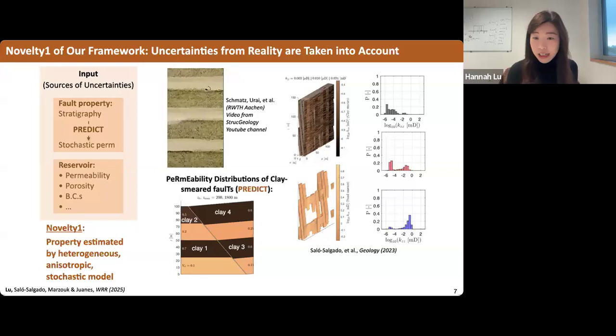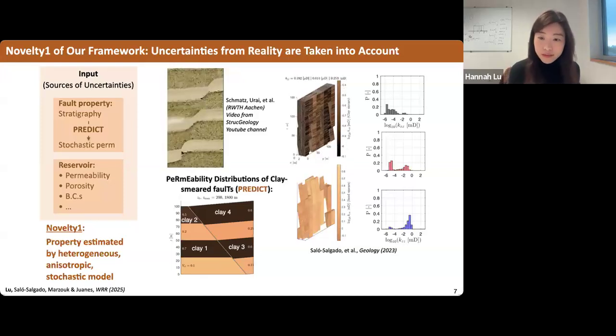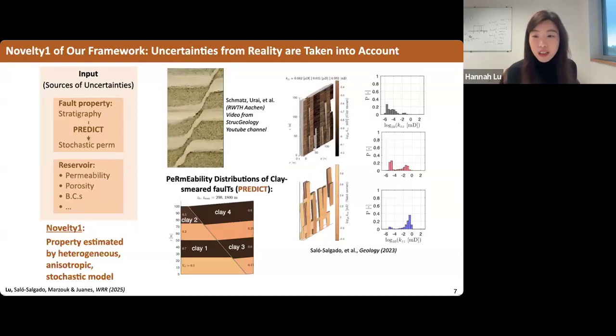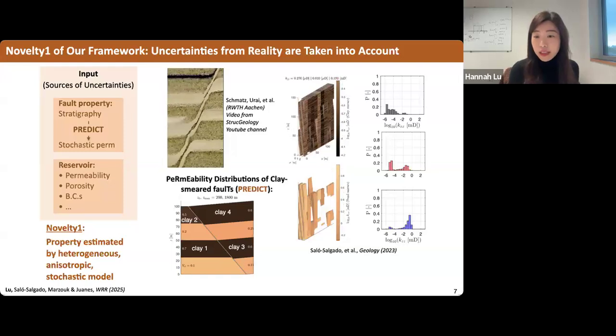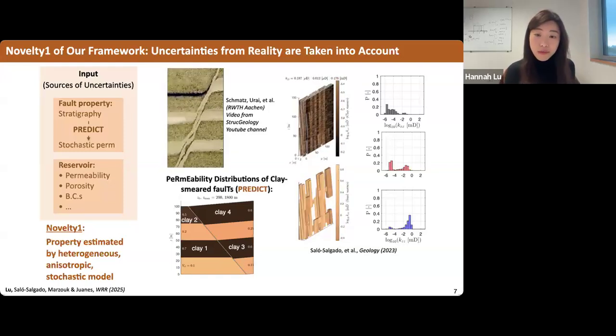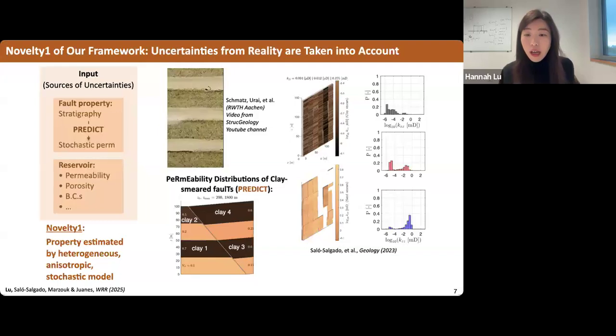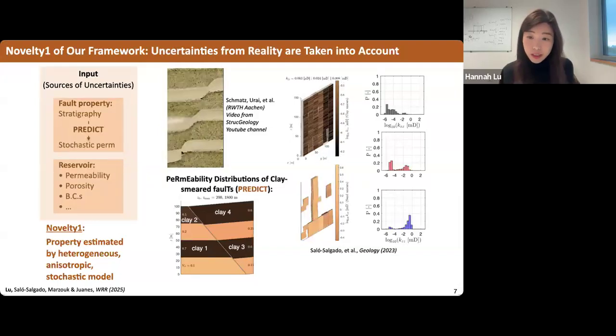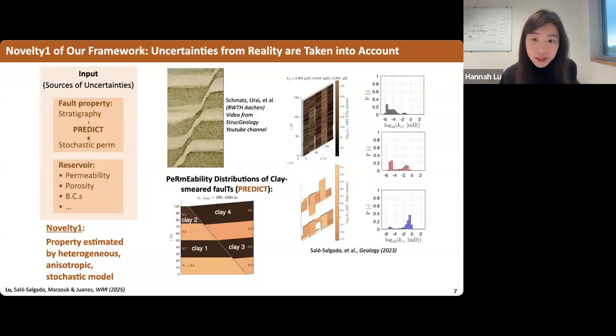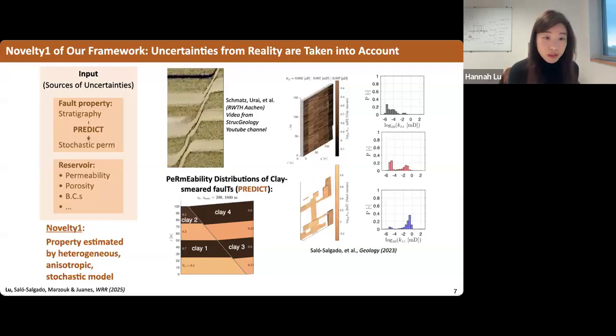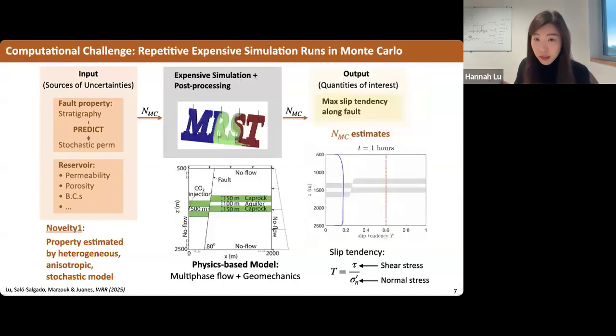And Luis developed this very handy computational tool called PREDICT to do the sampling for the fault probabilities. We can also take other sources of uncertainties from the reservoir to mimic the reality as well.